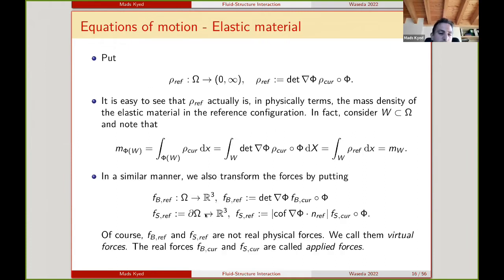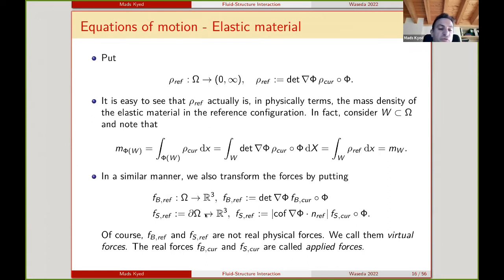Okay, so when we transform our equations between the reference configuration and the current configuration, we always have to also transform the outer forces. Whenever we have an outer force, which is physically a force in the current configuration, when we transform our mathematical equations, we have to take into consideration that this force also has to be transformed from the current to the reference configuration.